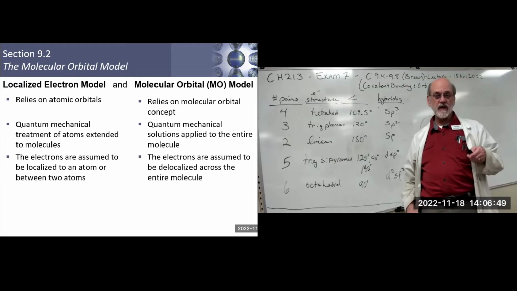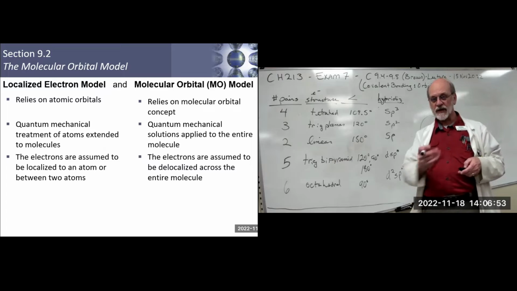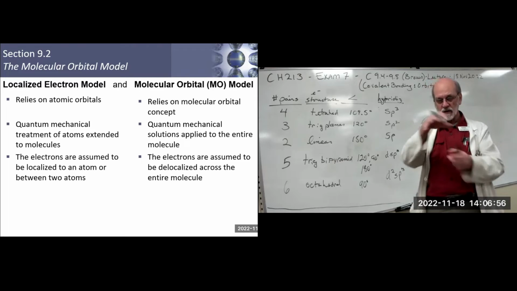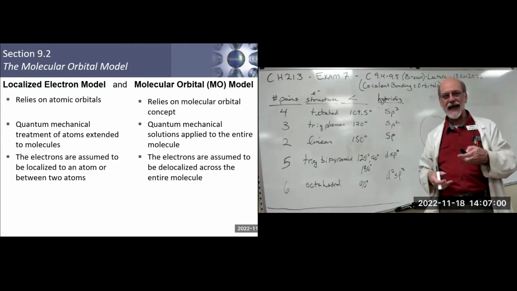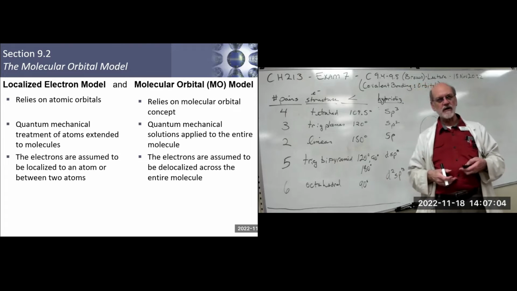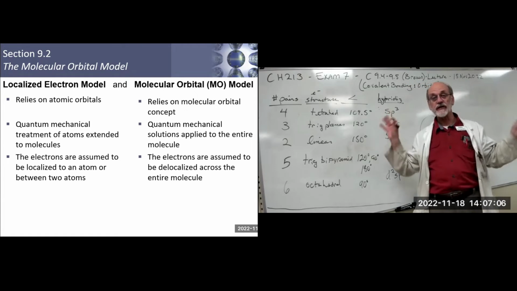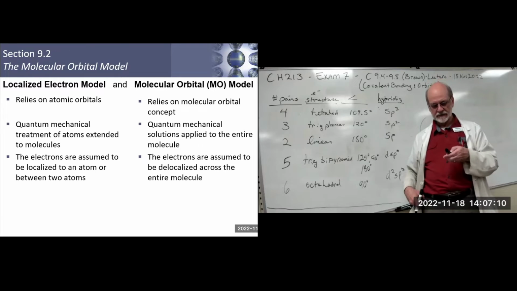All right, localized electron model, obviously, the electrons are assumed to be localized to an atom and spend their time between or just off axis of the two bonding atoms. It's like you treat those two atoms as if there's nobody else in the room. It's just me and you, and how do we bond?